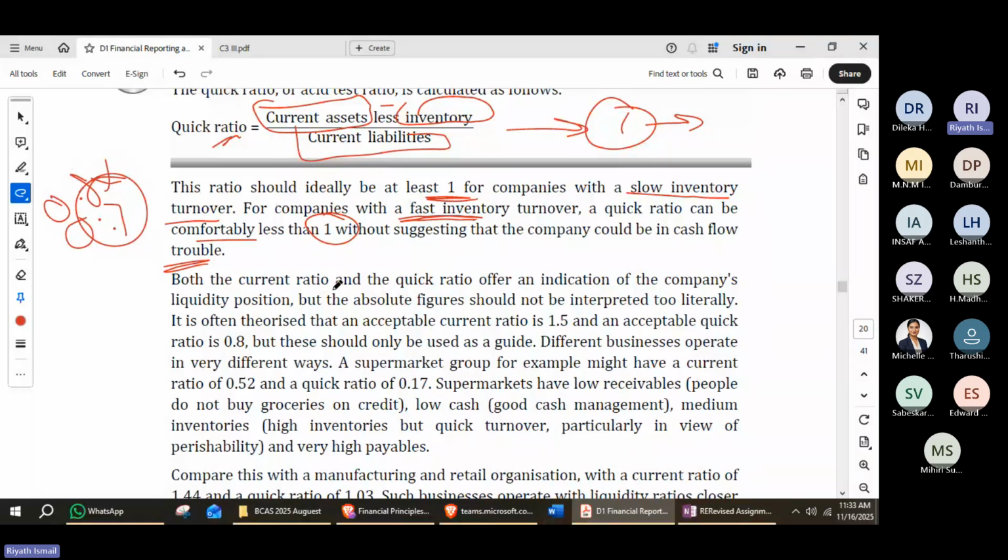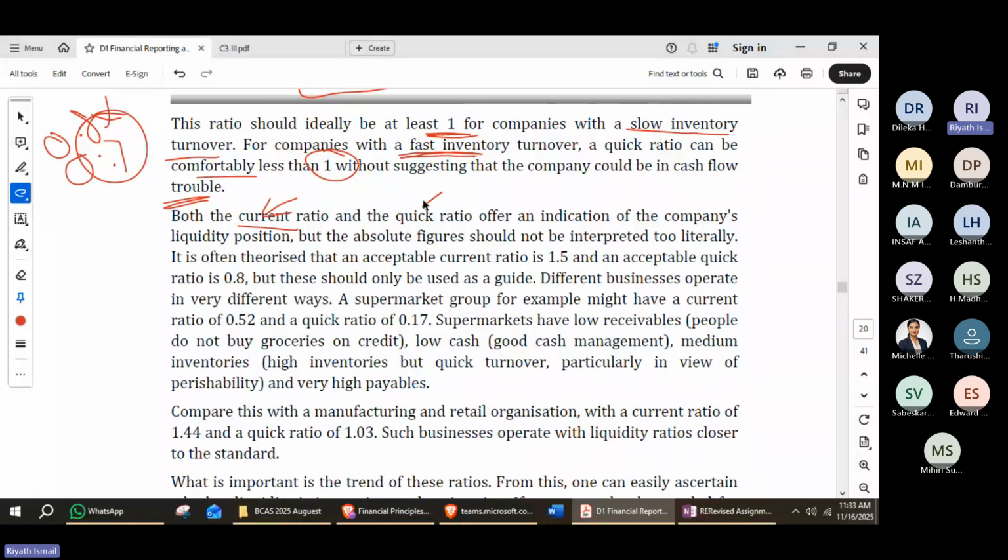Both the current ratio, which includes inventory, and the quick ratio, which is without inventory, offer an indication of the company's liquidity position. But the absolute figure should not be interpreted too literally.